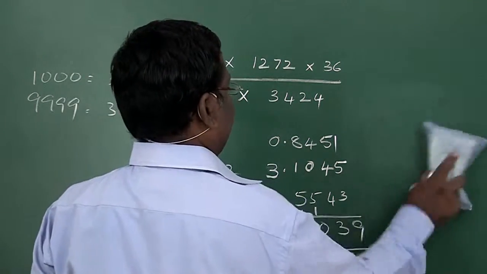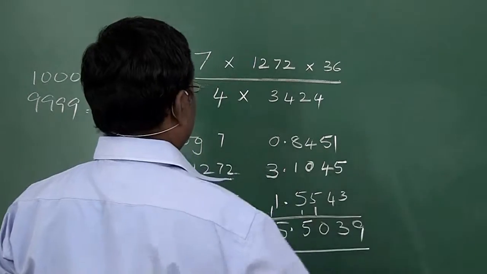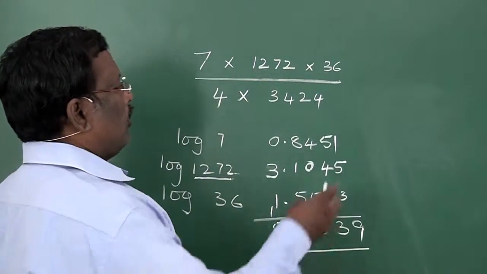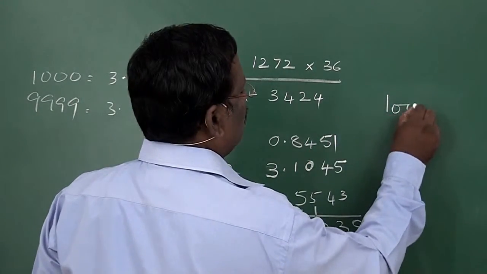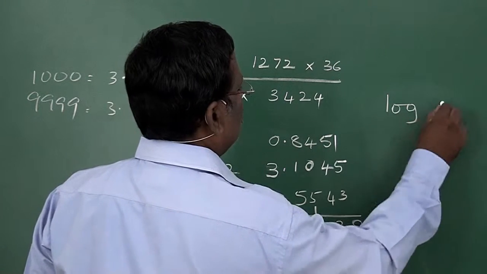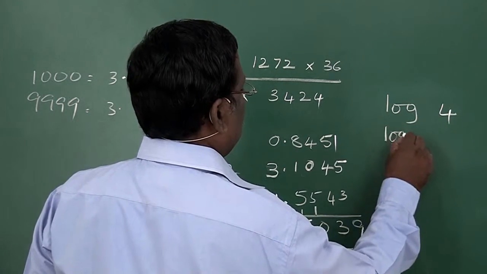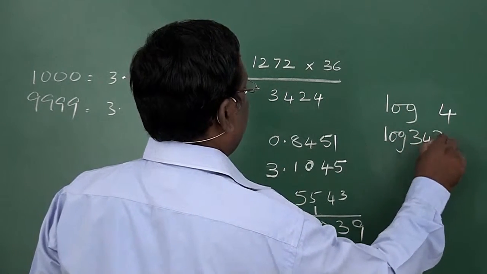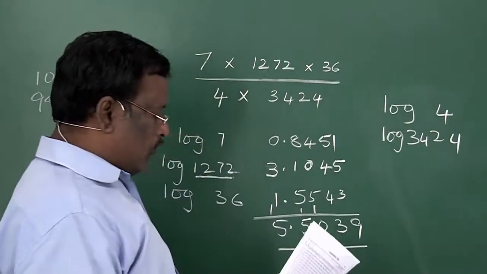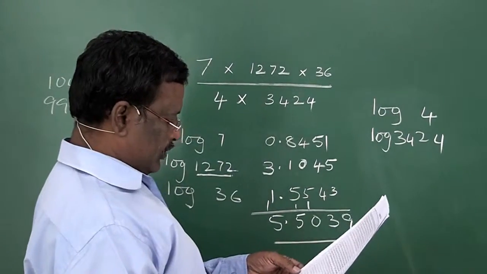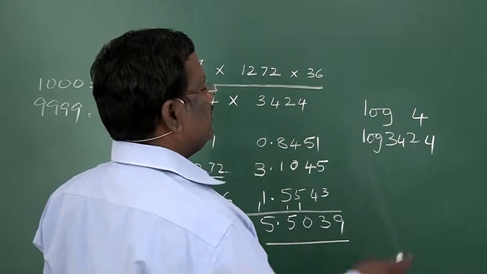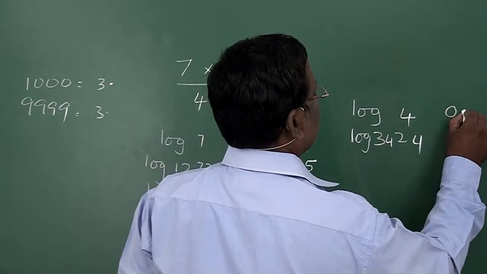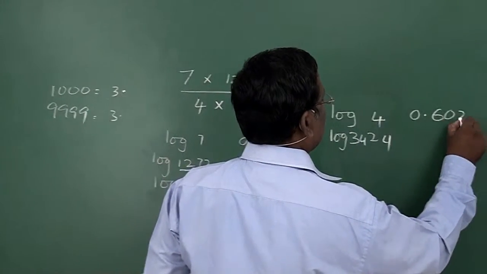Now, let us see the log value for 4, log 4 and log 3424. So log 4, 40, so 0.6020.